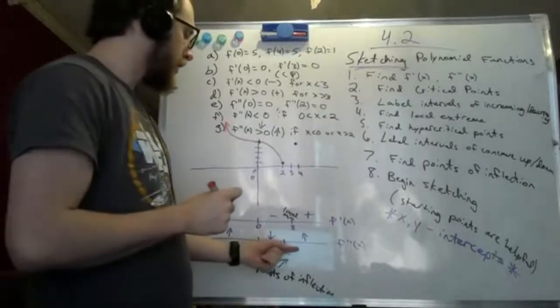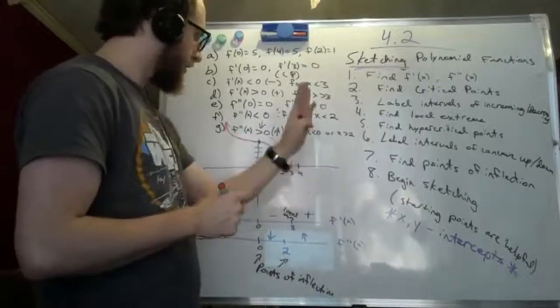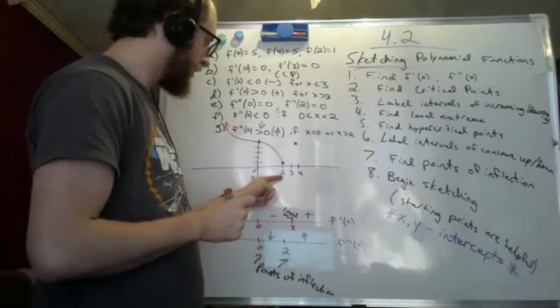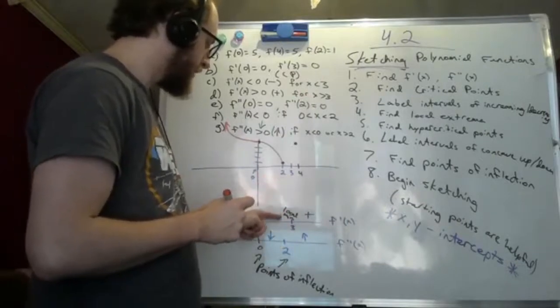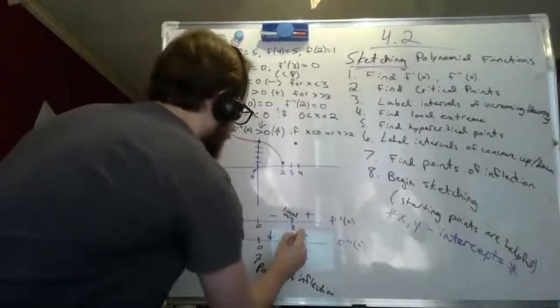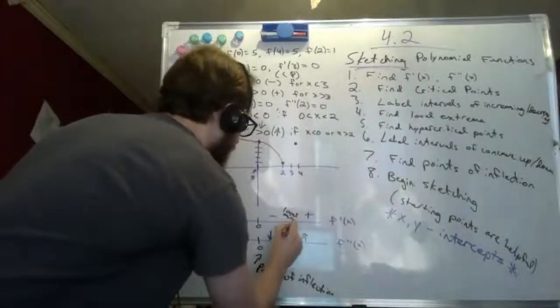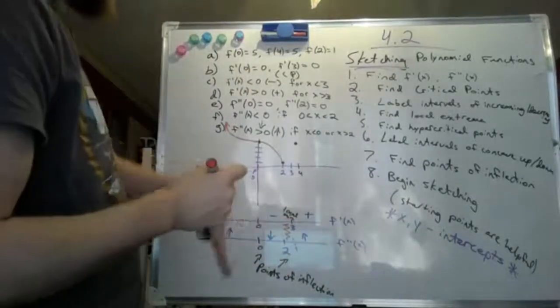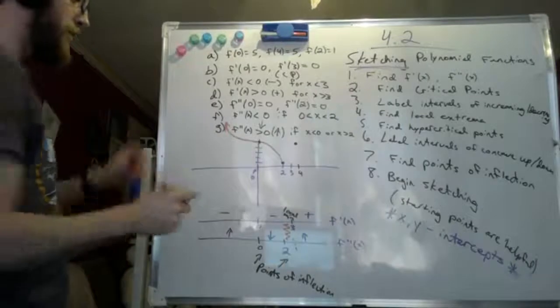After 2, we see that it changes back to concave up, but between 2 and 3, it's still decreasing. So now we're decreasing still between 2 and 3. So you want to make sure you keep track of this area in between 2 and 3. We're decreasing and it's concave up.